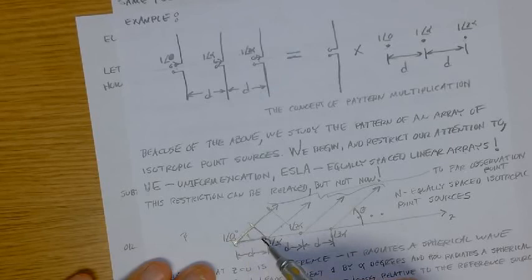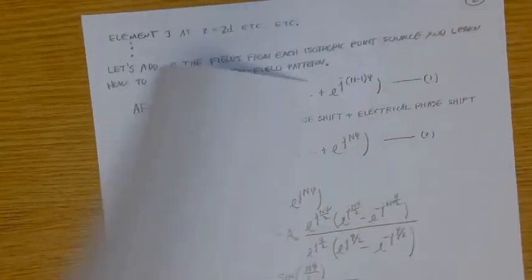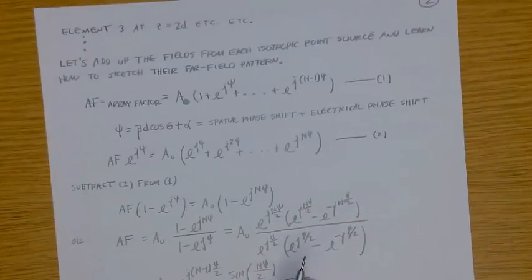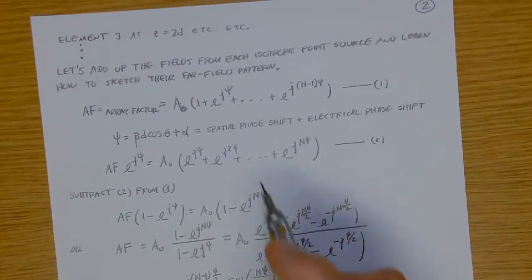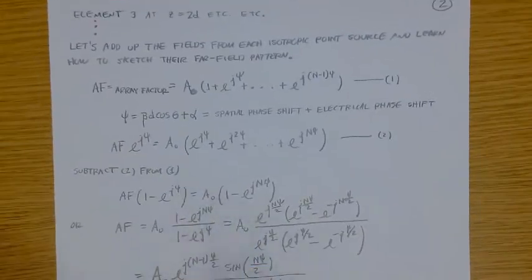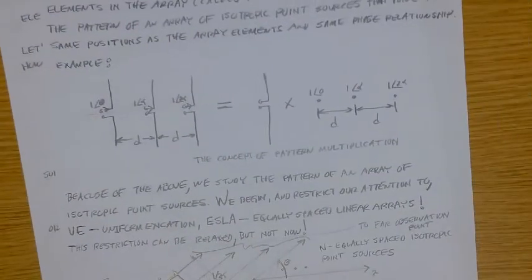That's how much the phasor associated with this element will lead the phasor associated with that element in the direction theta. Beating a dead horse there, but I want to make sure you understand that. And then the next element will have twice that phase shift on down the array.